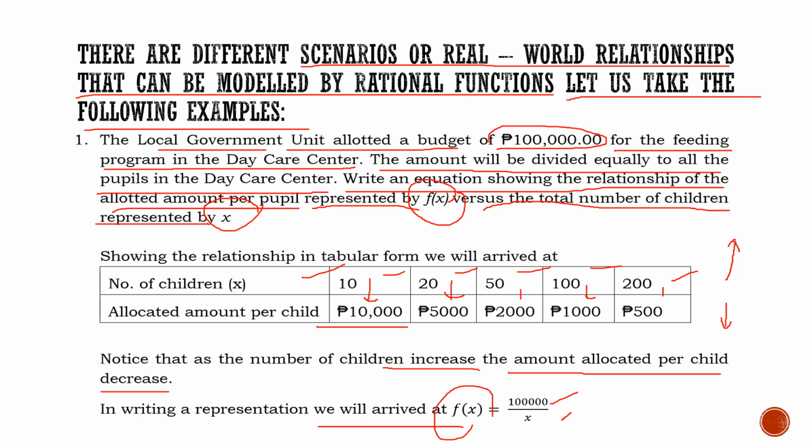That's why the function that represents this scenario is f of x equals 100,000 over x, where 100,000 is the allotted budget and x is the number of children in the feeding program.